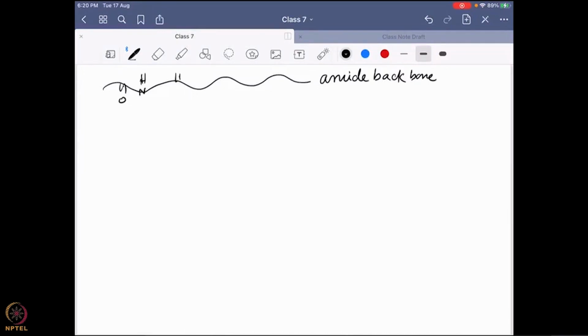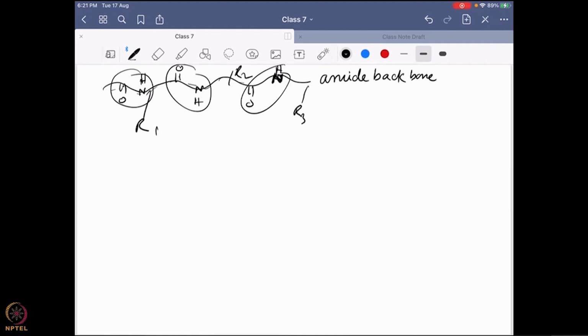Then there is another CONH bond over there. There is another CONH bond over here. So on and so forth. So you have different amide bonds present, and that is forming the amide backbone. And the other groups R1, R2, R3 are hanging around. And now these amide backbones are actually polar because you have a C double bond O NH group.